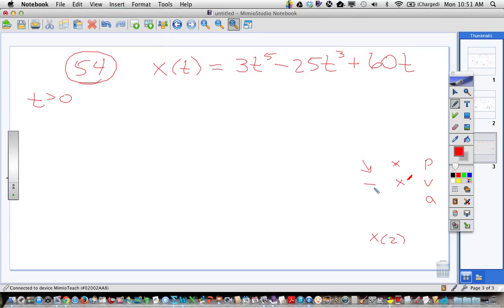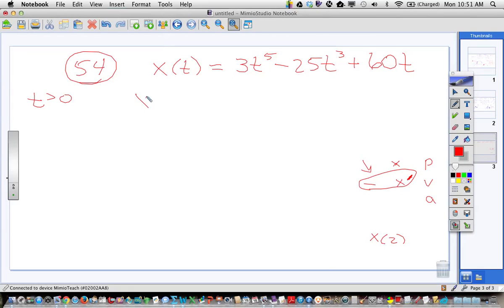Right? Negative and getting more negative. Positive and getting less positive. When I'm going left, my position is decreasing. Okay? So it's a chart thing. So when am I moving left is when my velocity is negative. An x prime number line would be a wonderful thing to do to answer this question.